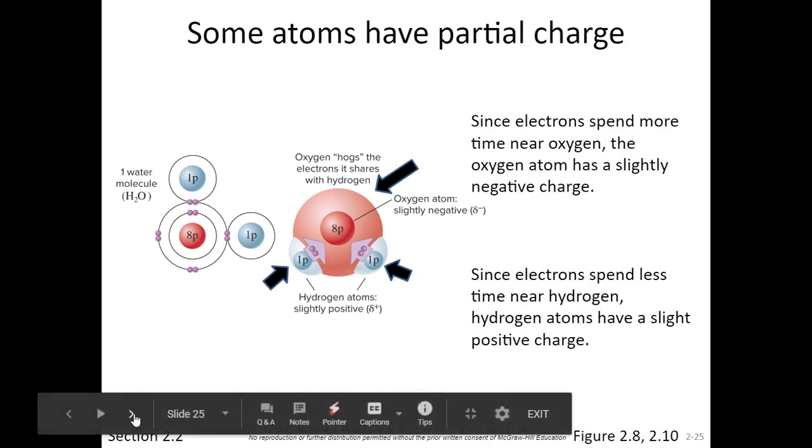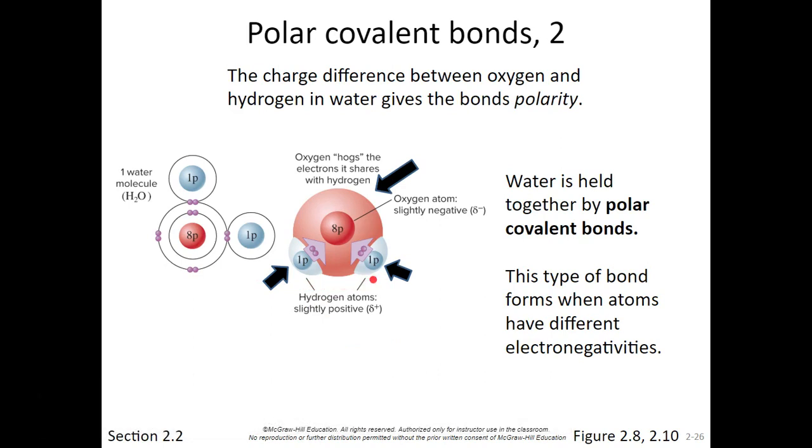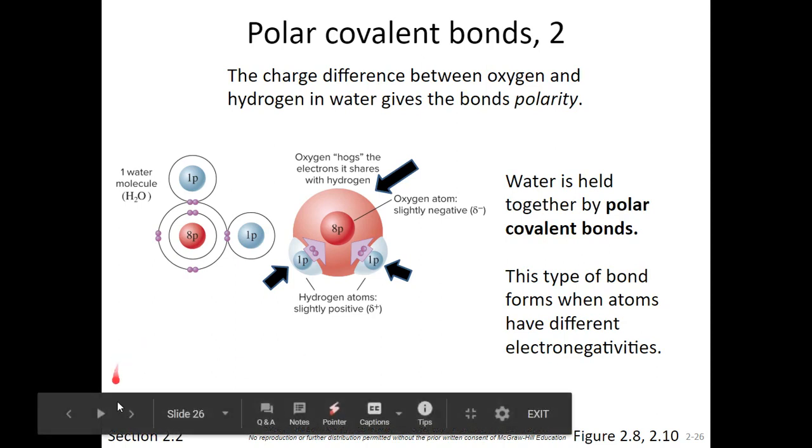We use the term polar covalent bond because there is a difference in the electronegativity. Water is held together by polar covalent bonds. Repeating this point, water is held together by polar covalent bonds. The charges between oxygen and hydrogen in water give the bond polarity, and they have different electronegativities.